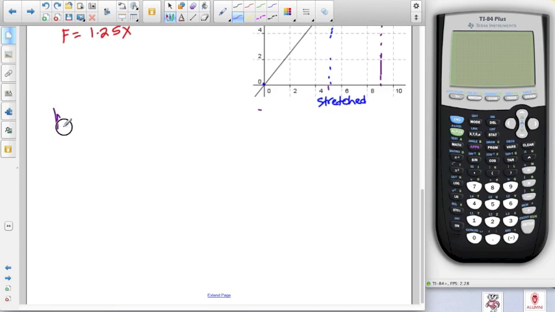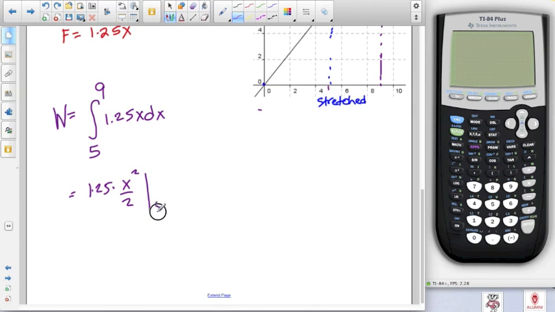So the work associated with it then is we're going to stretch it. We're going to get the spring when it's already stretched 5 inches, and we're going to stretch it out until it's stretched 9 inches. And we're going to stretch the spring that has a constant of 1.25. And so after we integrate this, we're going to get 1.25 times x squared over 2.